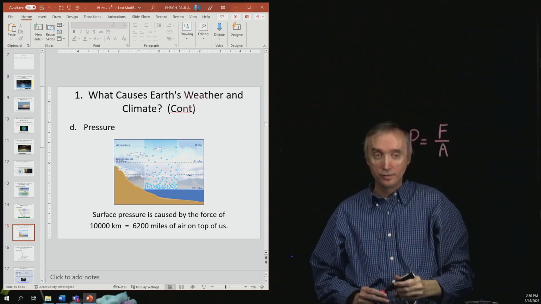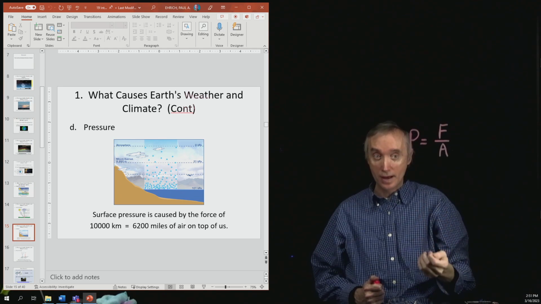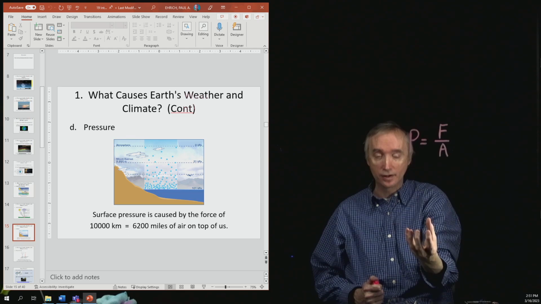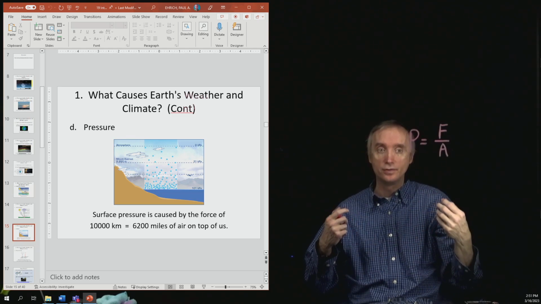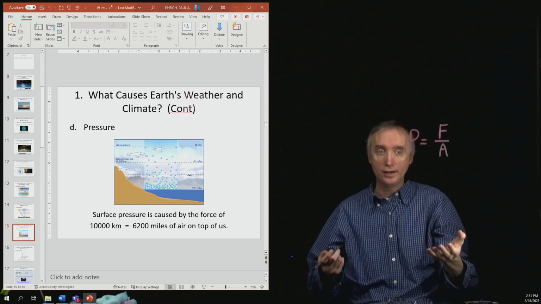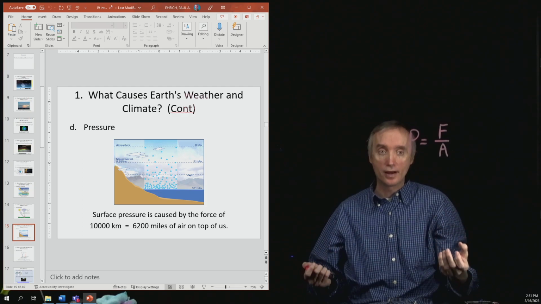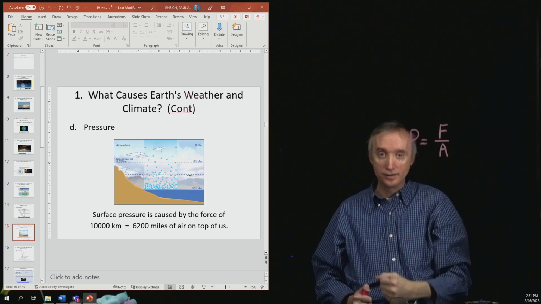Every one of those little molecules has a certain amount of mass, and gravity pulls on mass and causes the force of gravity, which we call the weight. So your weight is your mass multiplied by the gravity of the Earth. That's what's pulling you down.